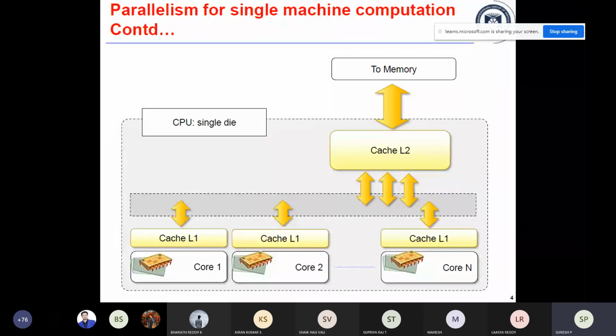Now initially, what happened? They were increasing the frequency. Whenever the frequency is increased, obviously the time taken for an instruction to run is reduced. But what is increasing the frequency?